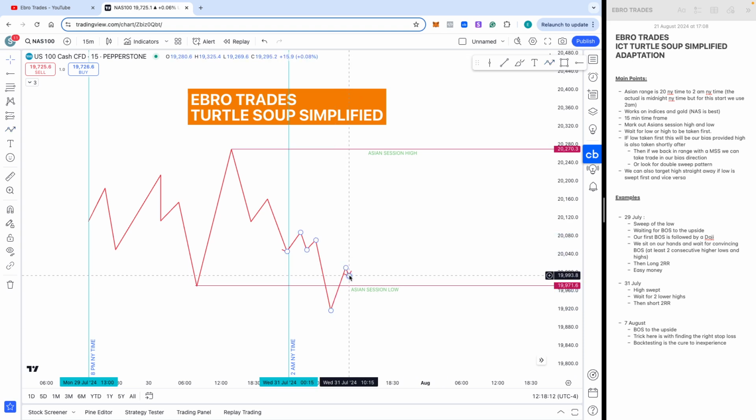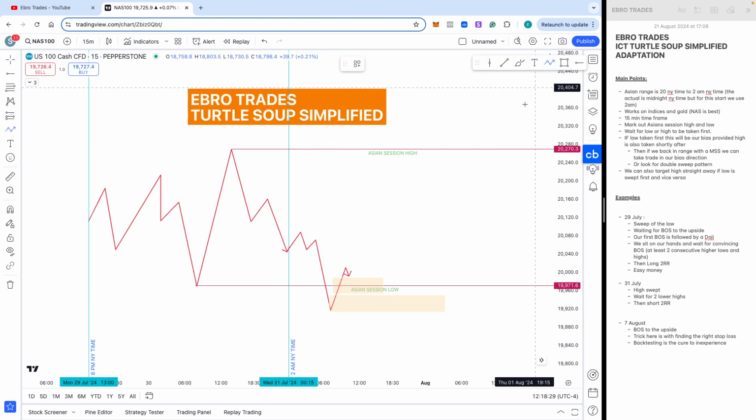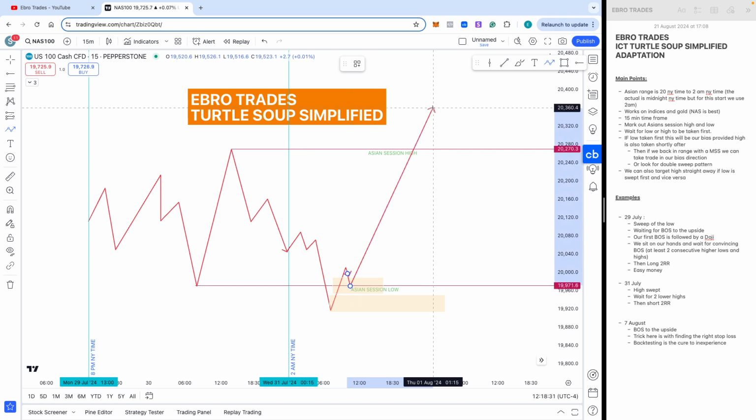So when I'm here, I will start analyzing, I'll start mapping out any interesting fair value gaps, any interesting order blocks within my region, and start looking for an entry to target the high, and vice versa.